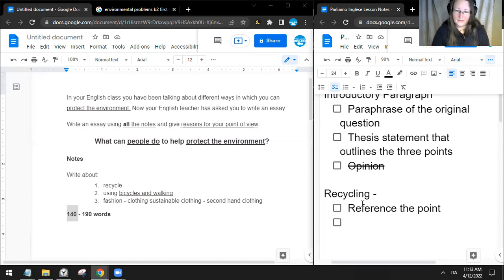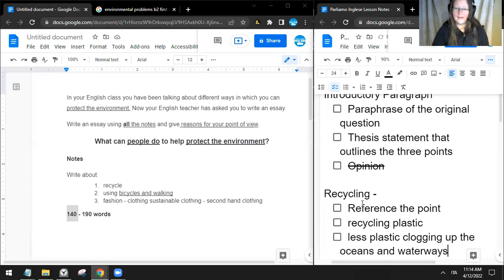So we could talk about recycling plastic in particular, maybe, and then less plastic clogging of the oceans and waterways. That would be a direct consequence of recycling plastic.